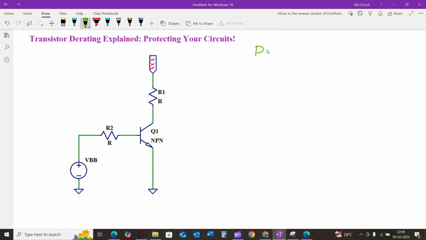And let us consider one more example. Here maximum power dissipation PD max is equal to 5 watt and IC sat, the collector saturation current, is 50 milliamps, and we need to find the VCE sat value.